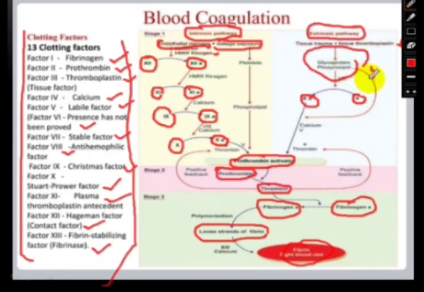So inactive factor 3 gets converted to active factor 3, although it's not on the slide. And then the active factor 3 will stimulate the conversion of inactive factor 7 to active factor 7.